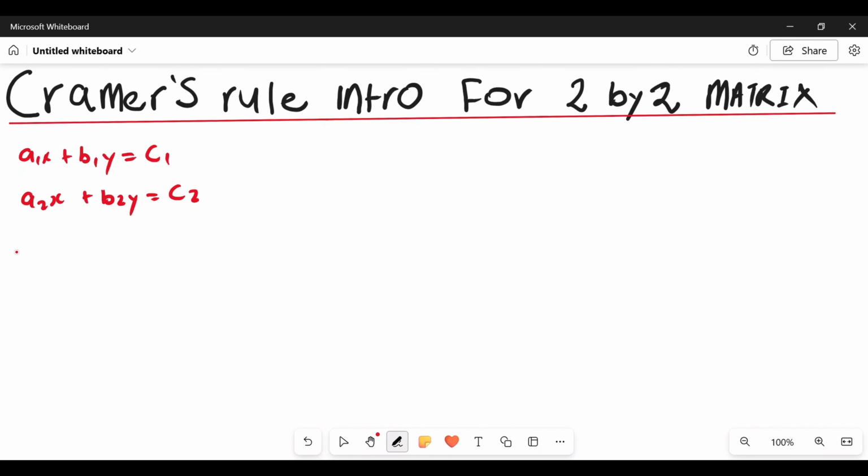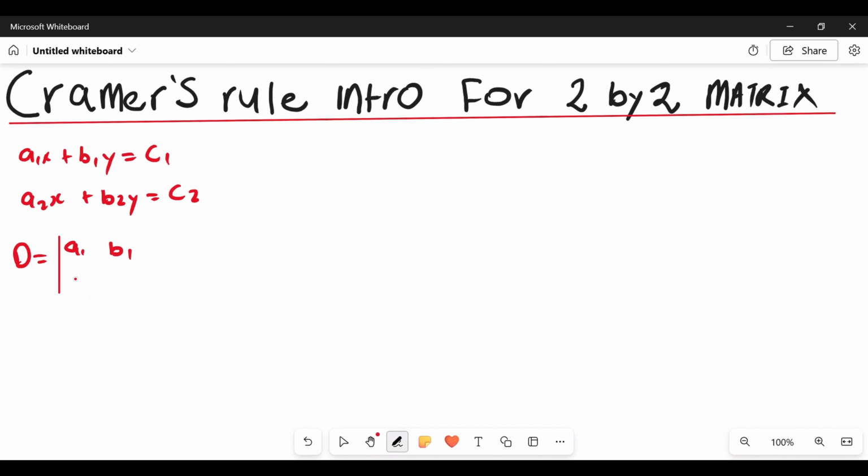Now, if you still remember from our previous videos, when we calculate the determinant, we only take the coefficients of x and y and make them our entries so that we can have our square matrix. So for example, here we're going to take the first entry, which is the coefficient of x, and then the second entry, which is going to be the coefficient of y on the first equation.